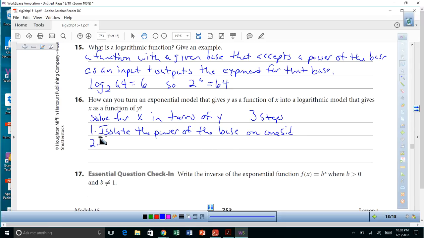Two, rewrite the equation in logarithmic form. And then three, isolate x.